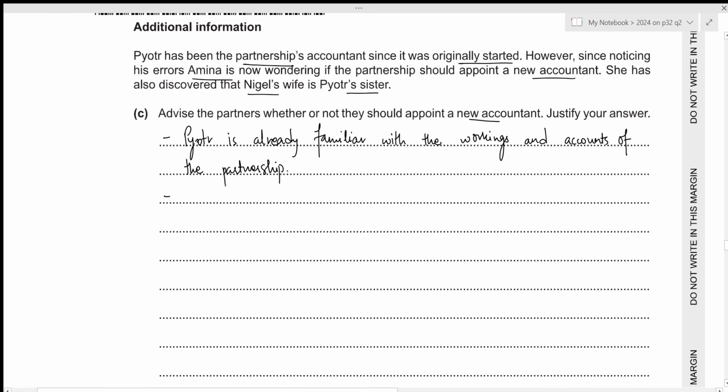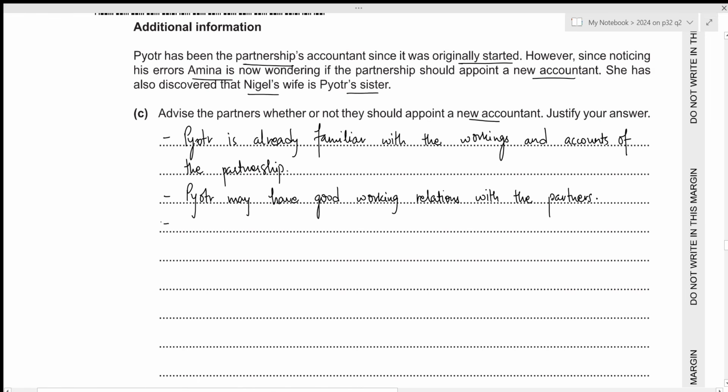The second thing we can say is that since he has been working as an accountant for the partnership for a long time, Piotr may have a good working relationship with the partners. So Piotr may have good working relations with the partners.